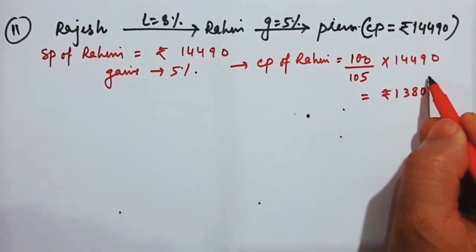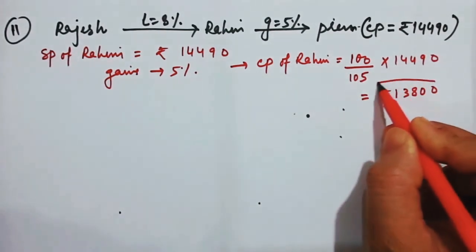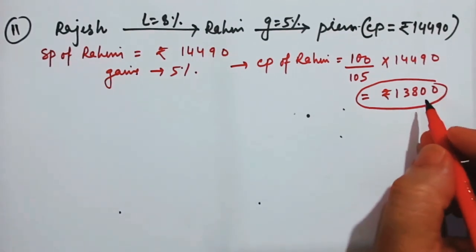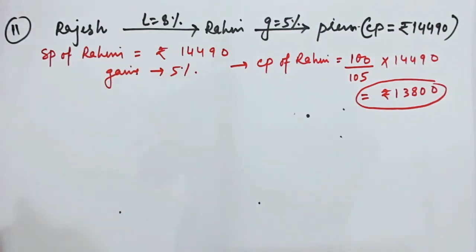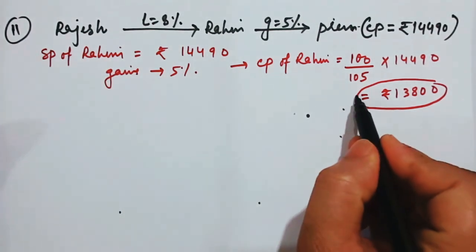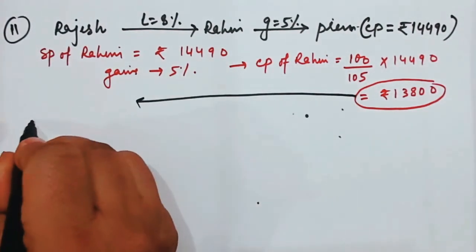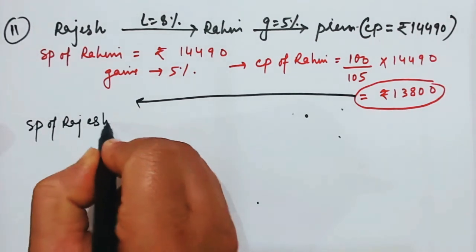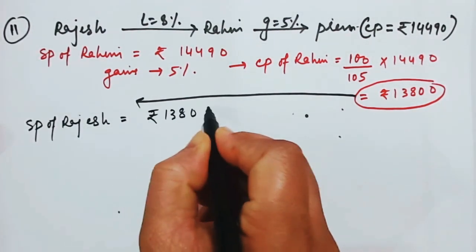Now what is this? This is the cost price of Rahim, and cost price of Rahim becomes the selling price of Rajesh. So selling price of Rajesh, my dear, is equal to the same amount, 13800.